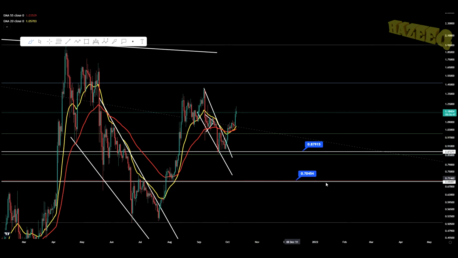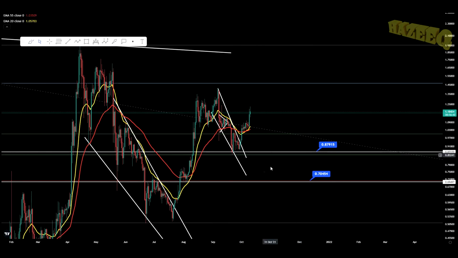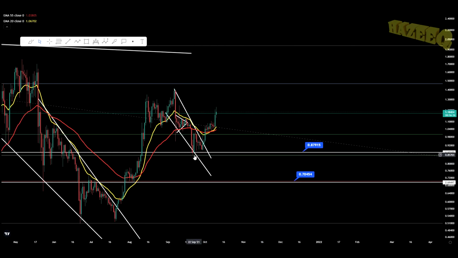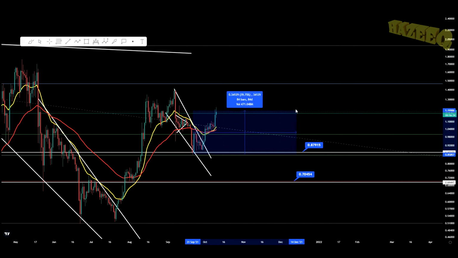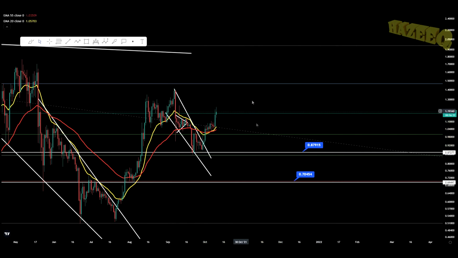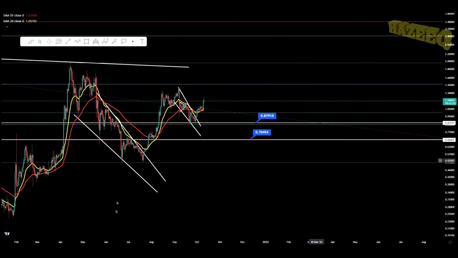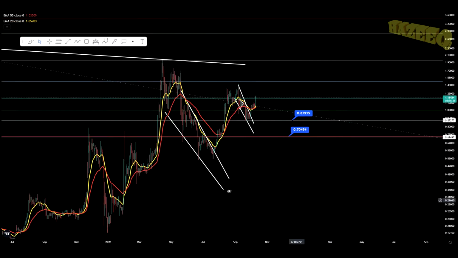That obviously never came to fruition, which is good for some people. For some people, it's not, because they could have bought in at a lower price. But if you got in at this support level that I gave you, then you would be in profit right now. Yeah, 43% profit, which is not a bad trade. Overall, looking very good on XRP.